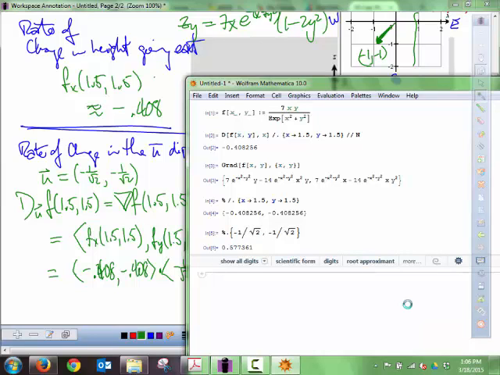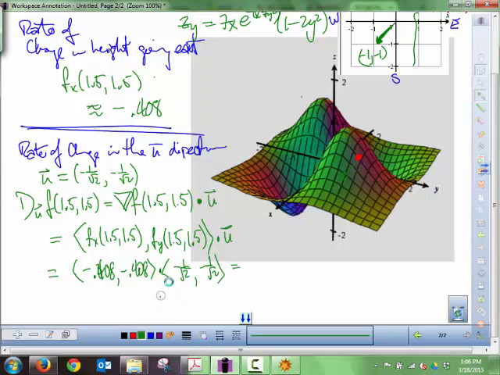And it looks like I get 0.577, which, according to this map, tells me that I would be going up. So it's positive. It's a good thing I got positive because that's what I should have been expecting.